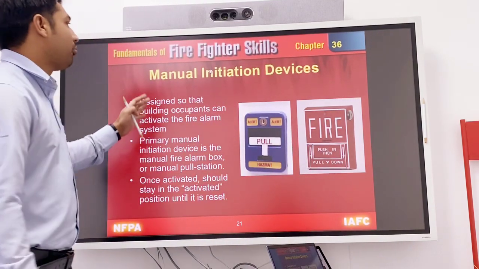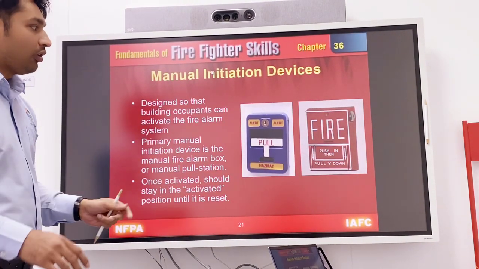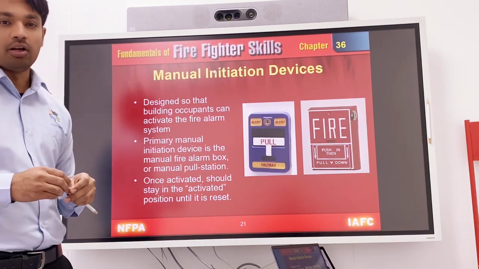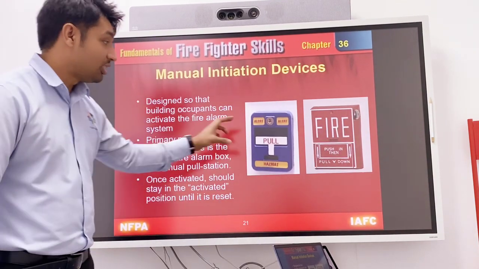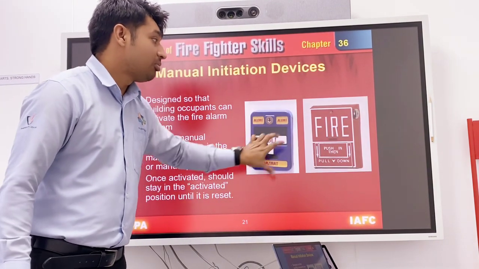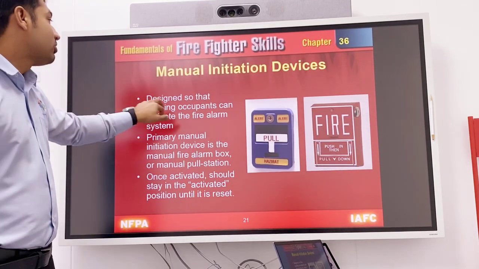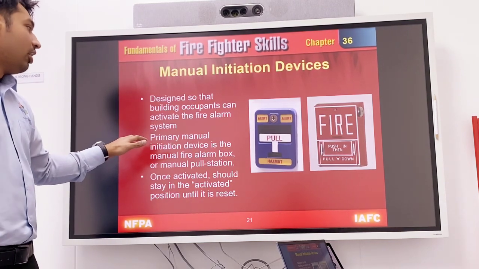Right now we have the manual initiating device, the MCP. When you go to another room, a market or a clinic, you see this sort of button. These are basically MCP buttons. They are designed so that building occupants can activate the fire alarm system.